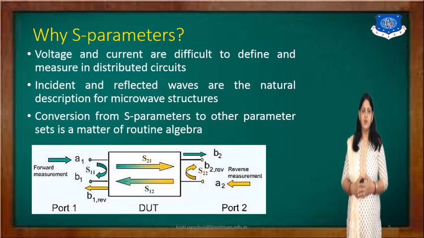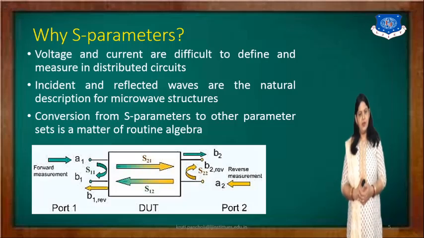So S11, what is it? S11 is the parameter at port number 1, and S22 is the parameter at port number 2. A1 is the traveling wave, and B1 is the reflected wave.